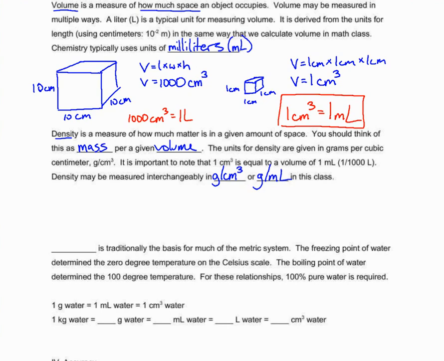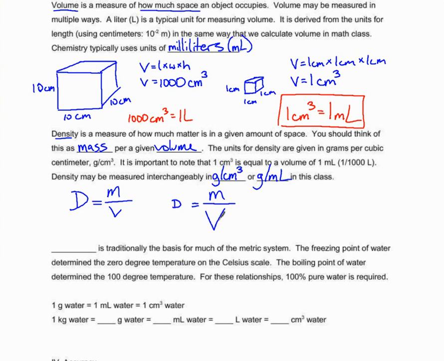Remember the definition of density. Density equals mass divided by the volume. If you were to make the volume of an object larger, let's say the mass stays the same size, but the volume was much larger. When you make the bottom number larger, you end up with a smaller number overall.